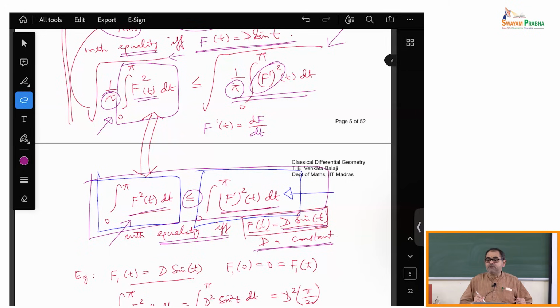Because it involves f dash, this is a differential equation, and because there is also an integral involved, it's what is called an integro-differential equation. So you are trying to solve for a function f with the property that the integral of f squared is equal to the integral of f dash squared.